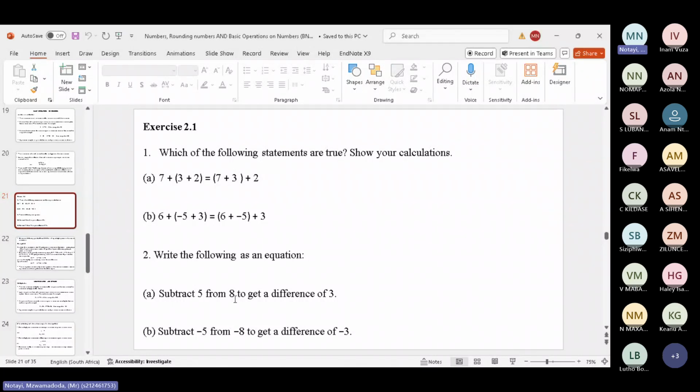Okay. Subtract 5 from 8 to get a difference of 3. So we have 8 minus 5 is equal to 3. And then subtract negative 5 from negative 8 to get a difference of negative 3. So we have negative 8 minus negative 5 is equal to negative 3.